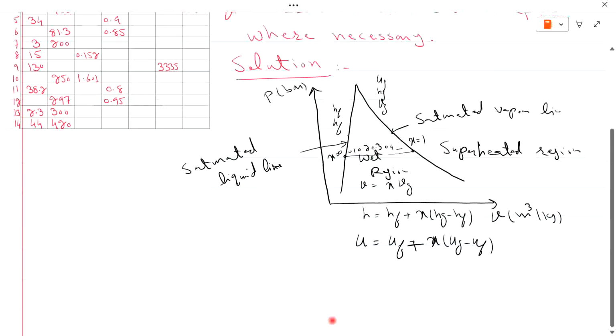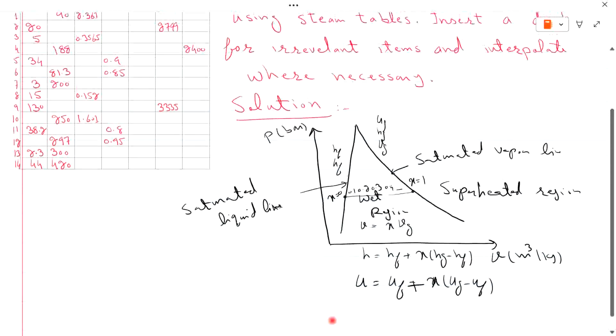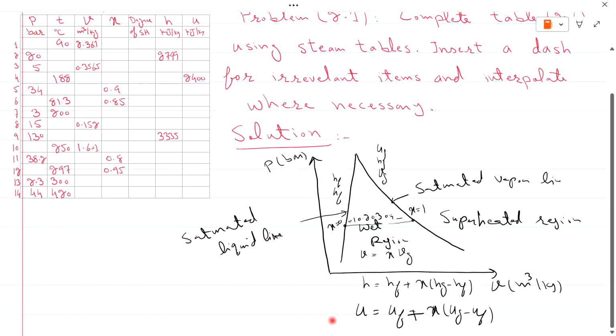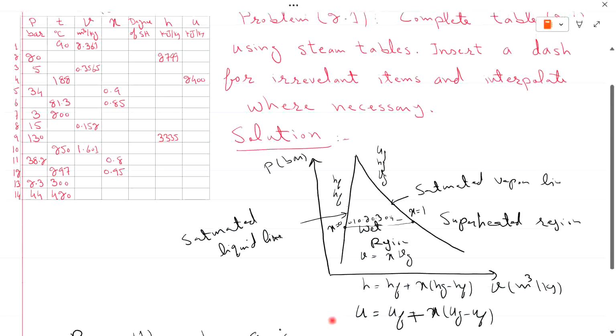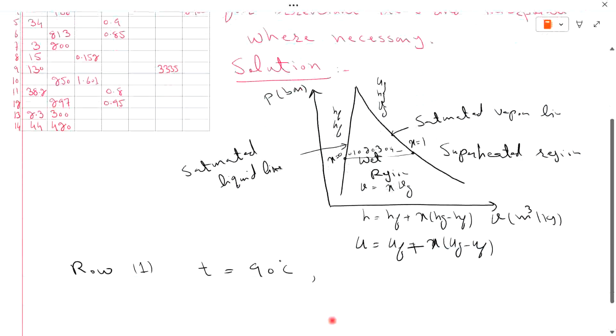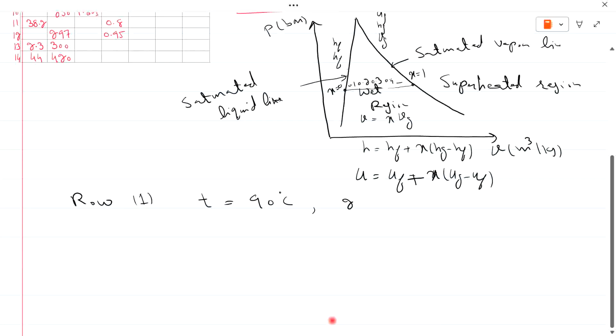Now we start from row number 1. In row number 1, temperature is given as 90 degrees centigrade and specific volume is 2.361 meter cube per kg.